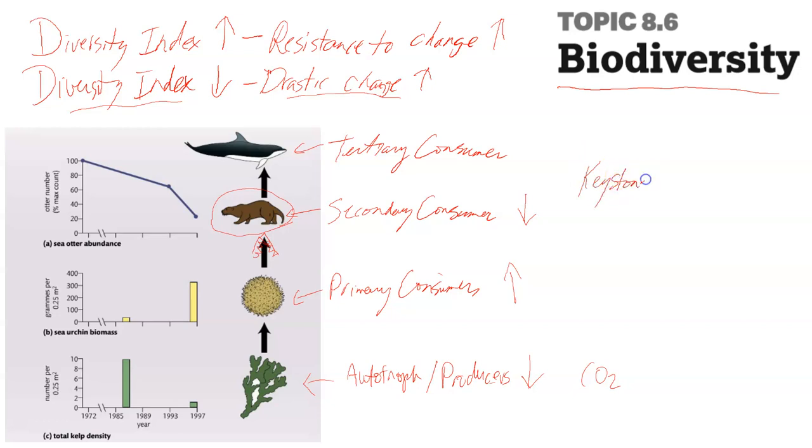A keystone species is any species whose removal causes drastic change in an ecosystem.